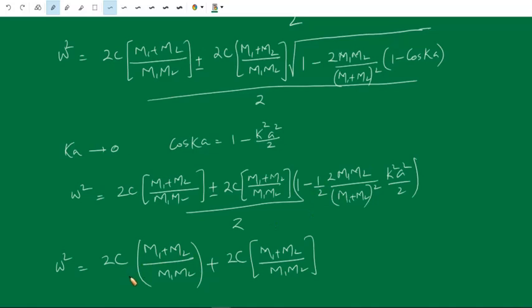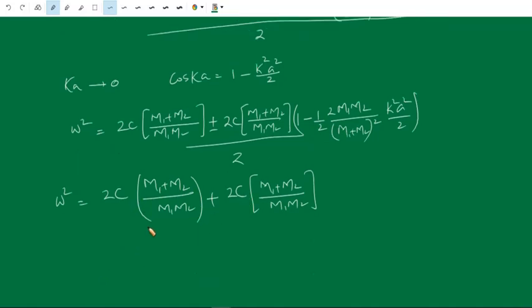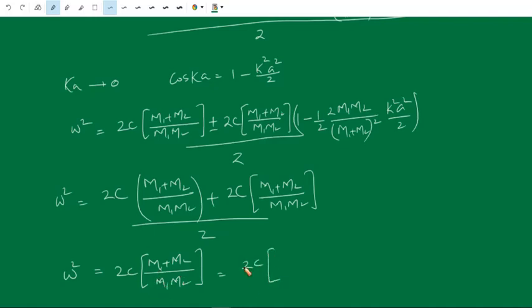Therefore omega square is 2c m1 plus m2 divided by m1 m2, which can be written as 2c into 1 by m1 plus 1 by m2.